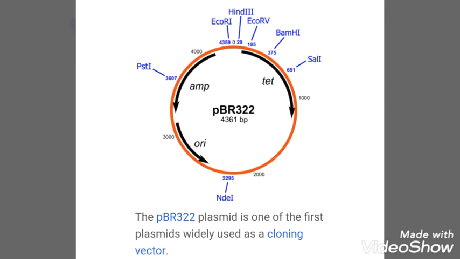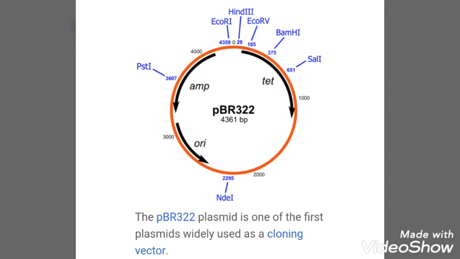This diagram shows an artificial vector, pBR322. In the middle of the diagram is pBR322, with 4361 base pairs.